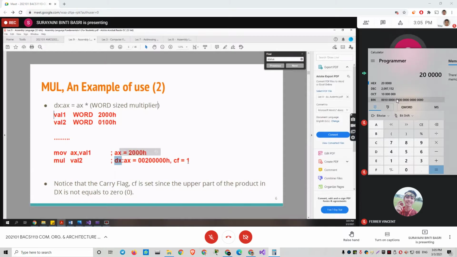If the carry flag is 0, it will not bother to check the DX part. It only checks the AX. Okay.